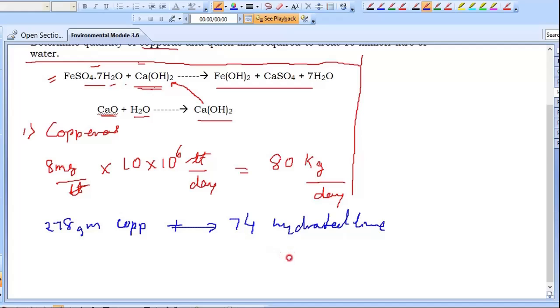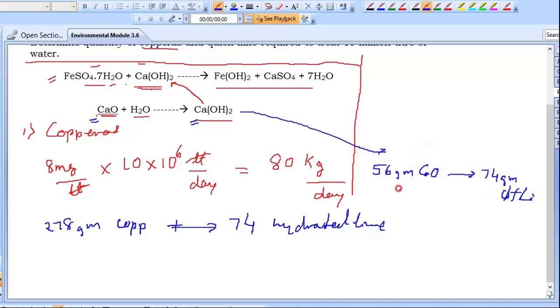Then 1 mole of quicklime produces 1 mole of hydrated lime. Now we will consider this here. 1 mole of quicklime means what? 56 gram of CaO produces how much? 74 gram of quicklime, sorry, hydrated lime.